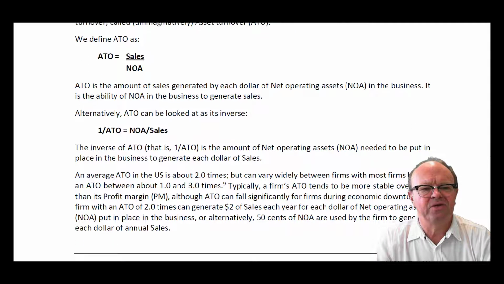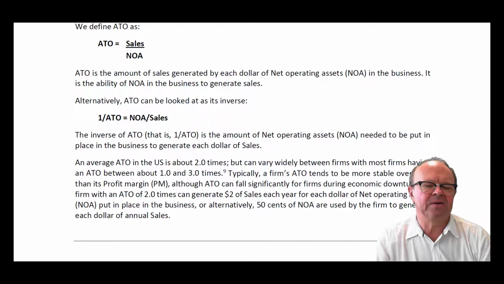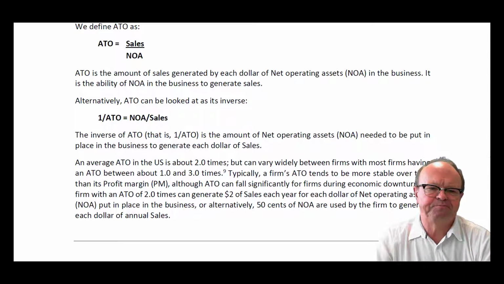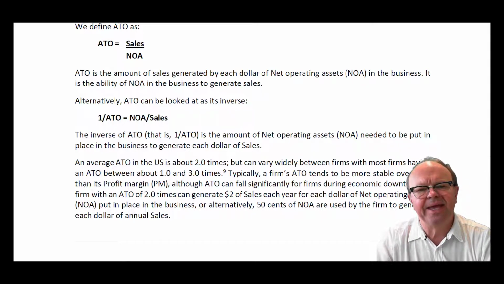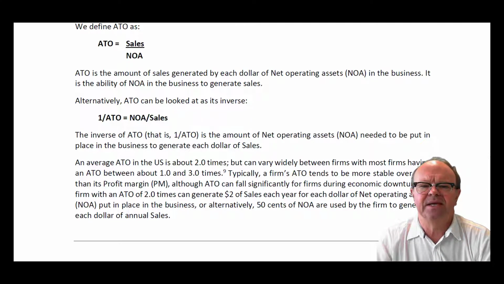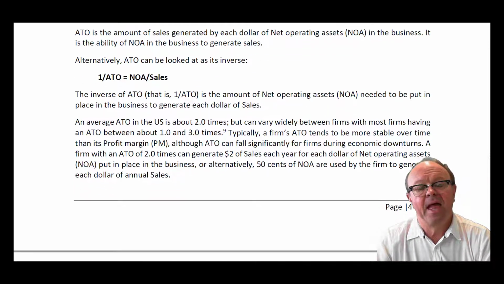We define asset turnover as ATO equals sales divided by net operating assets. Asset turnover is the amount of sales generated by each dollar of net operating assets, NOA, in the business. It is the ability of net operating assets in the business to generate sales.